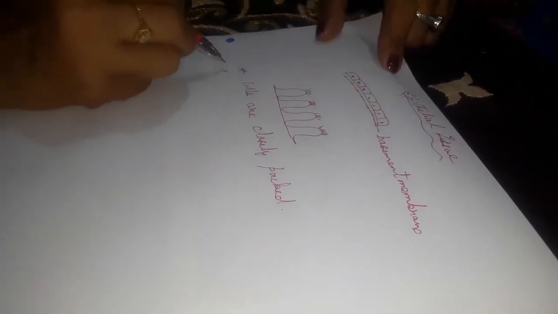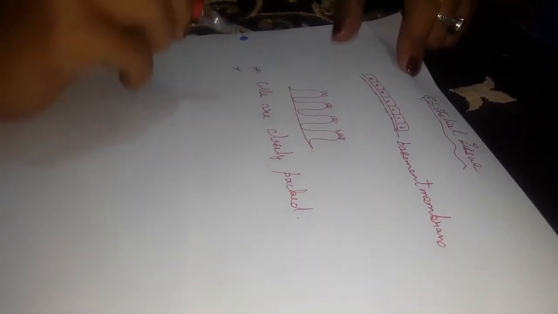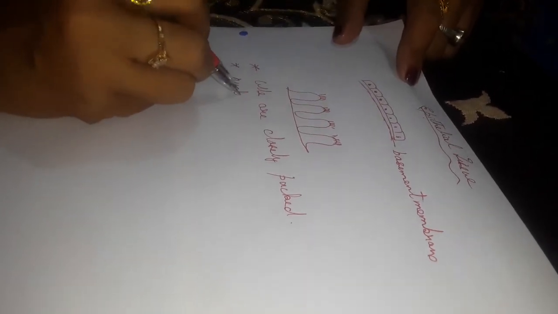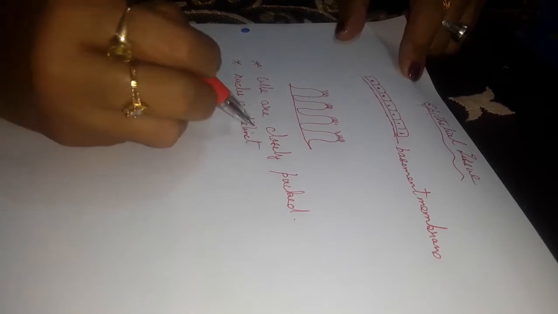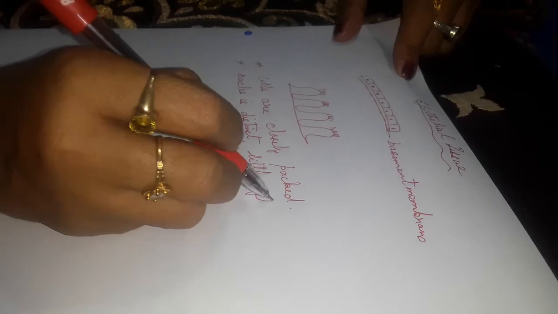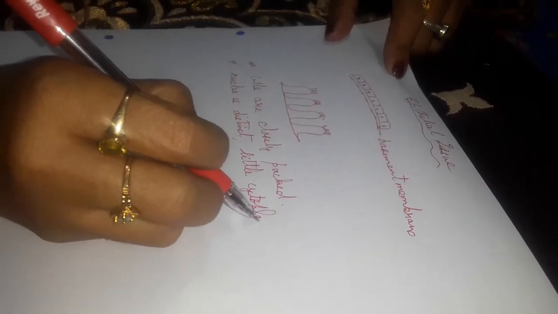Then what do we find? I had mentioned also the nucleus is prominent or distinct, you can say. Moreover, very little cytoplasm. Another characteristic feature is the presence of the basement membrane.